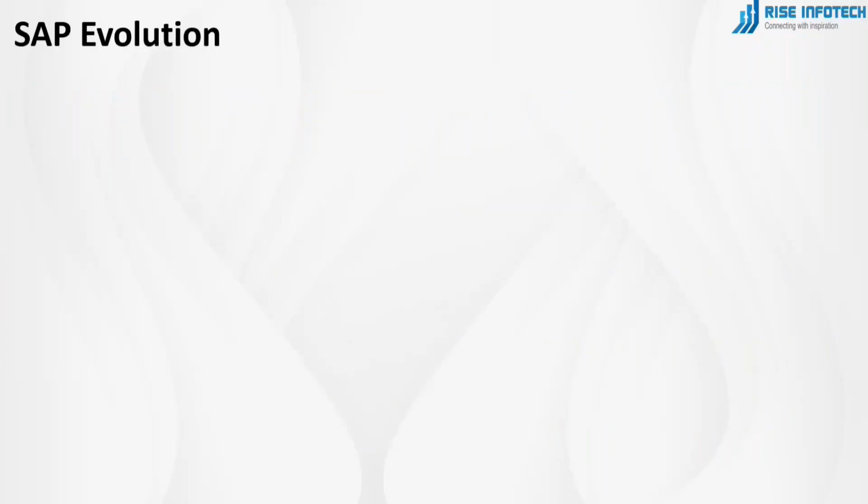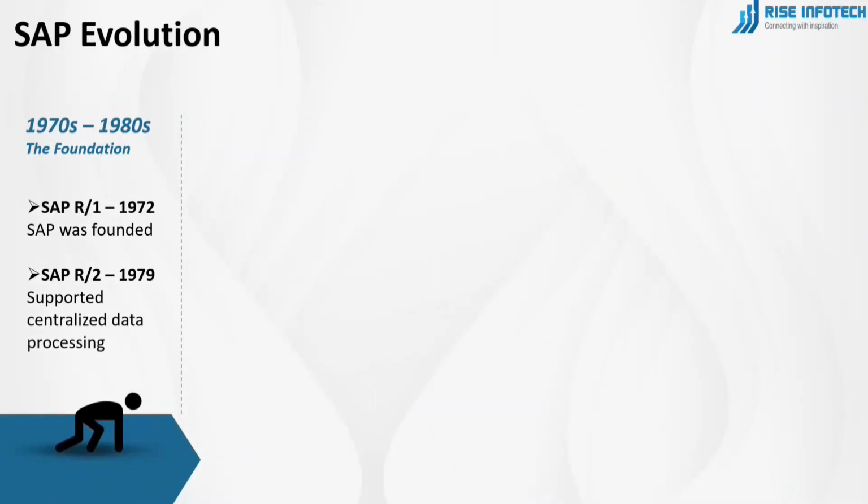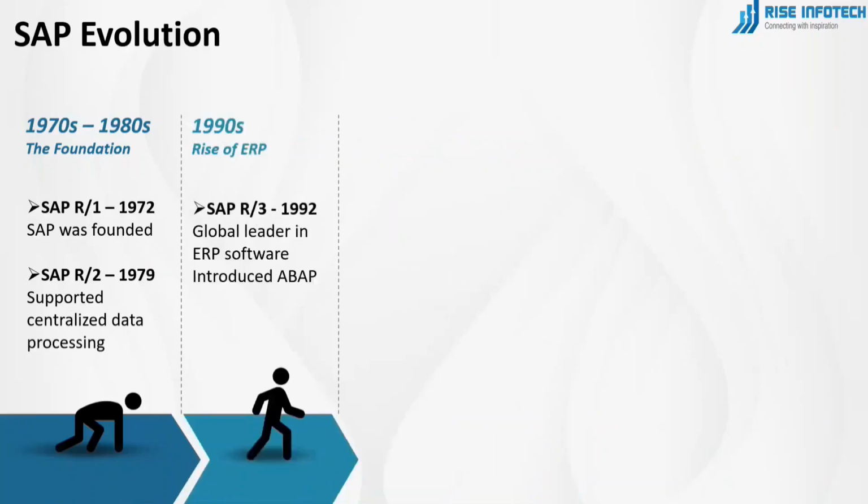Let's talk about the evolution. It was initially founded in 1972 and named SAP R1, and then developed into R2 in 1979, which provided centralized data processing. In 1992, SAP R3 was developed.